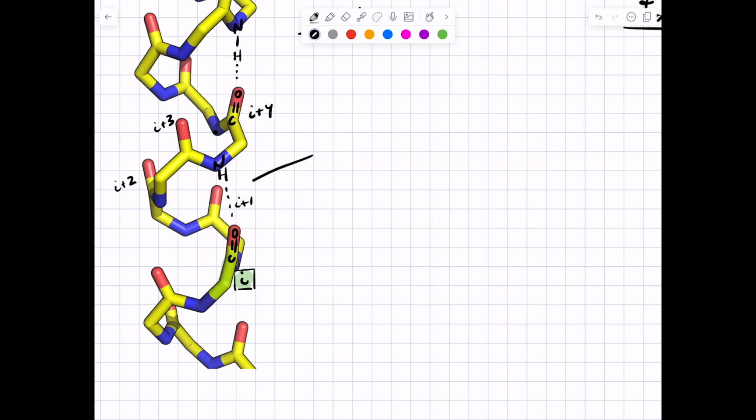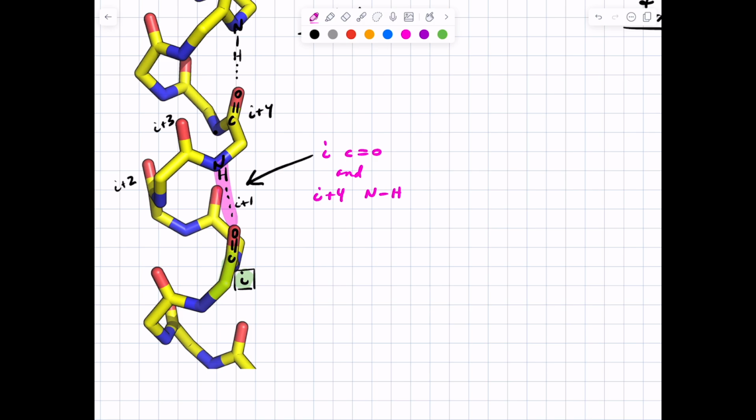Notice that this hydrogen bond that we're highlighting now in pink is between the i position carbonyl oxygen and the i plus 4 position amide nitrogen.